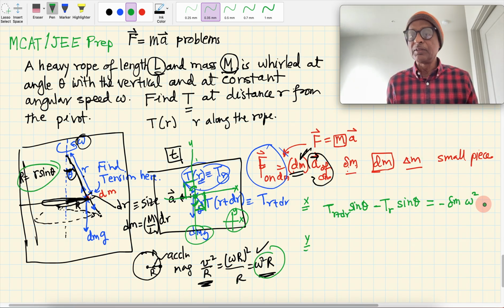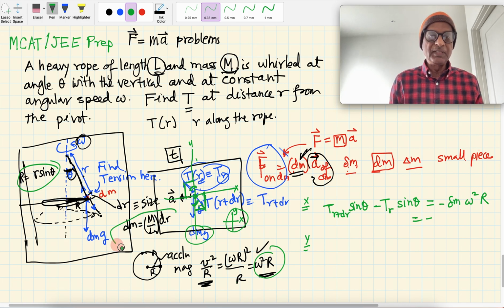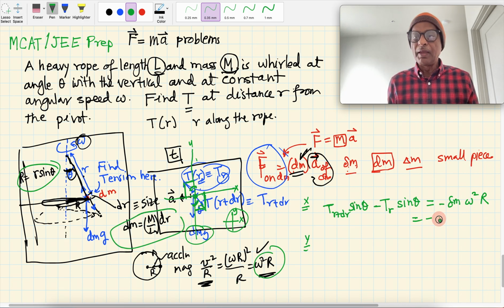Let's do a little bit more massaging. My delta m is going to be a little small. That was this: m over L times dr, times omega squared.